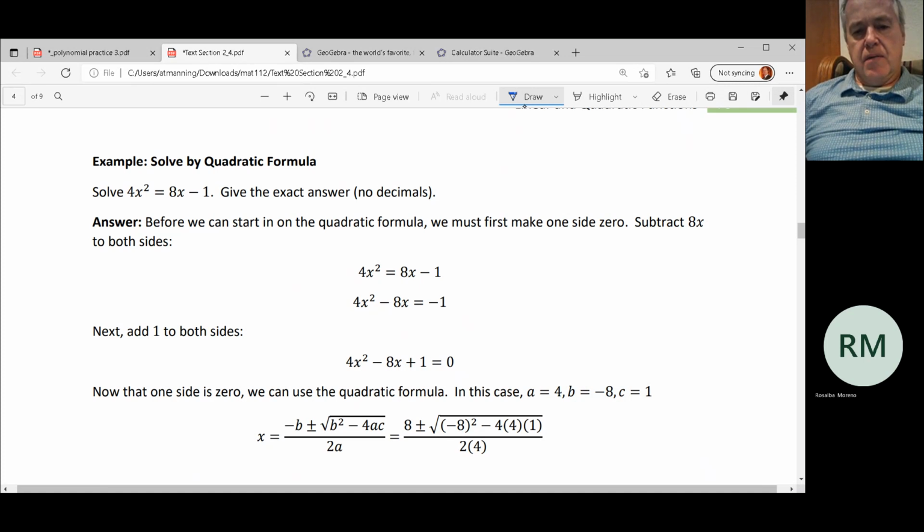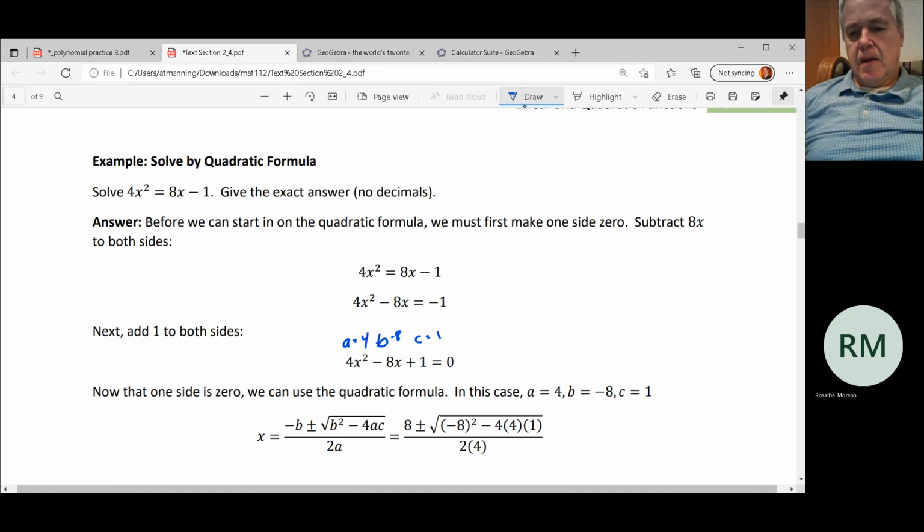There's the b. And then we arrange it one more time to get a is equal to 4, b is negative 8, and c is 1.